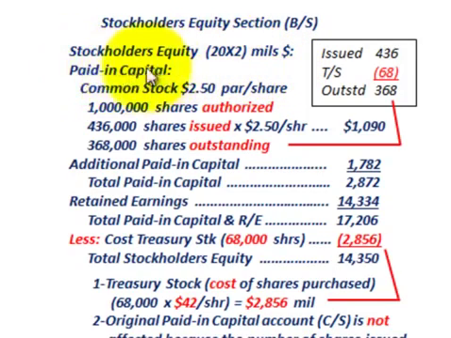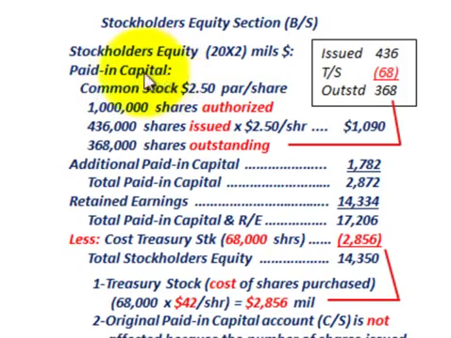For our paid-in capital, we're going to list each of these amounts: additional paid-in capital, our retained earnings, and then we subtract out the treasury stock cost amount to determine the total stockholders equity. So let's look at how we set up our equity section based on that data we had.